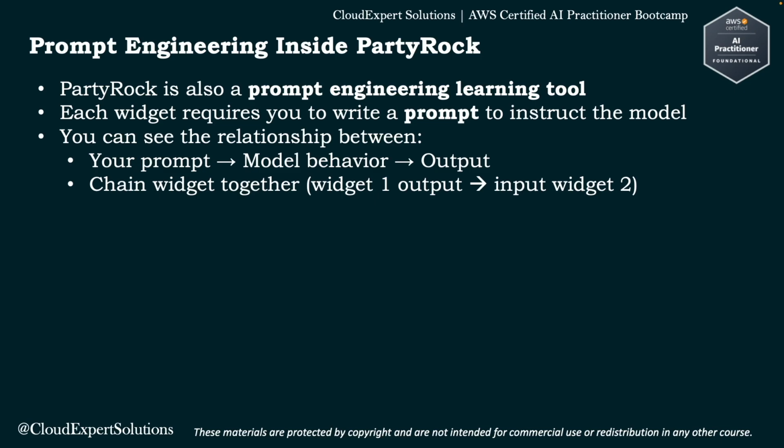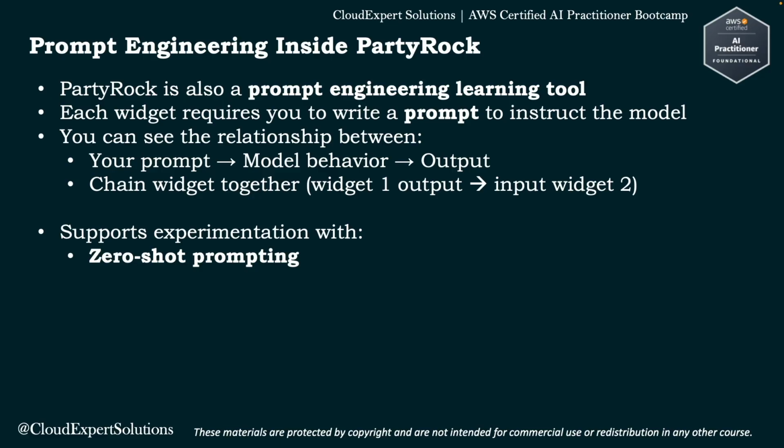That means the output of one widget becomes the input for another, which is a visual way to understand prompt chaining and few-shot patterns. In the previous modules, we also talked about different prompting techniques. And with PartyRock, you have the visual experiment UI for zero-shot prompting, few-shot prompting, and also prompt chaining.